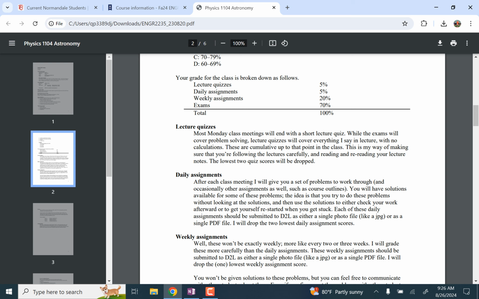The trade-off is I expect you to remember the stuff that I do give you better. And the way to do that is to just keep going back and skimming through your notes. The way I'm encouraging you to do that is that every couple of Mondays at the end of class, I'm going to give you a quiz that asks you, say, 6 or so short answer questions about stuff I've said in lecture.